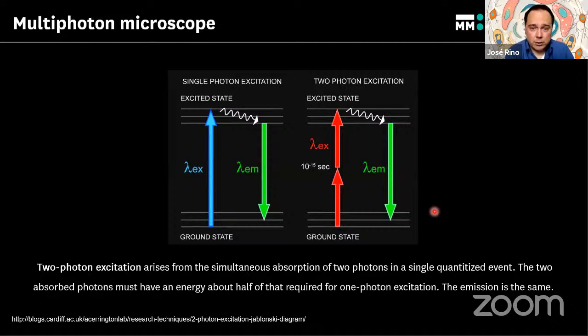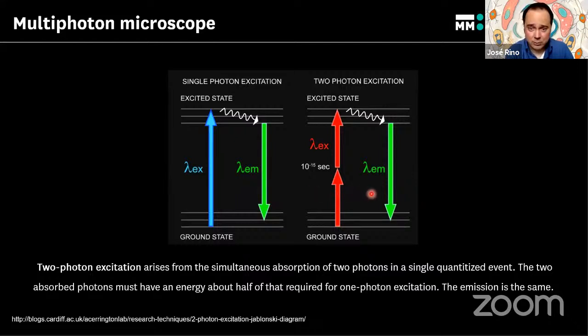So on a multiphoton microscope, we look at fluorescence, but we get fluorescence in a different way, rather than using a single photon excitation, which Telmo explained in great detail in the last talk. What we are going to do is to elicit the same photon emission from fluorophores by exciting them not with one photon, but with two photons.